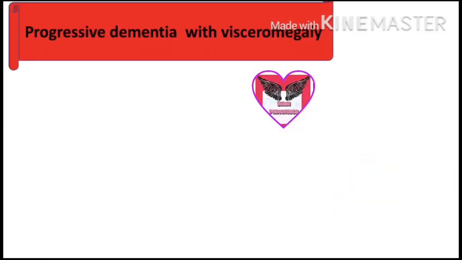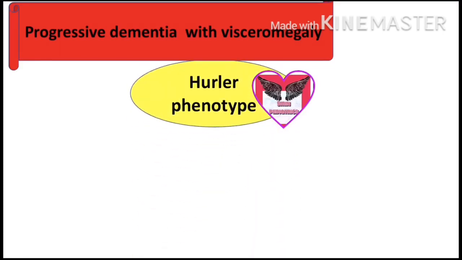Now the first approach: we have progressive dementia or cognitive decline with visceromegaly. In textbooks you will find it as grey matter disease with storage. If you have this condition, then you see whether the Hurler phenotype is there or not.